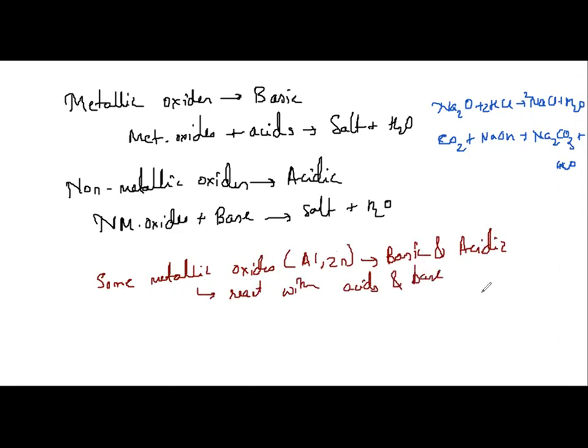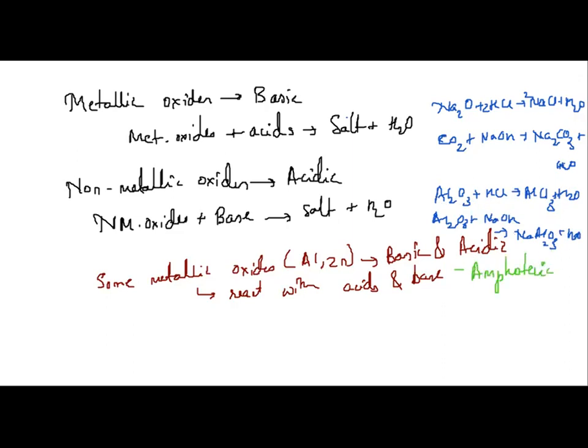For example, aluminium oxide, Al2O3, reacts with acid to form AlCl3 plus H2O. You can balance it later. Al2O3 reacts with base NaOH to form NaAlO2, sodium aluminate, plus H2O. Such oxides are called amphoteric oxides, which have both acidic and basic character.